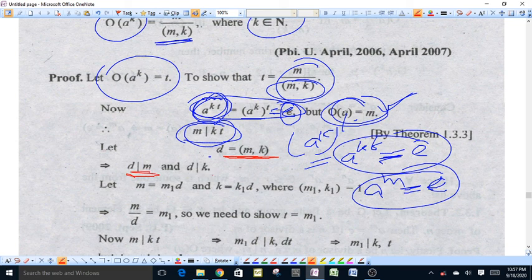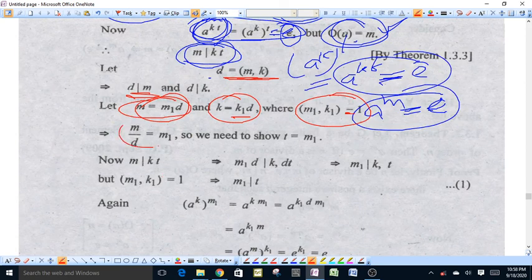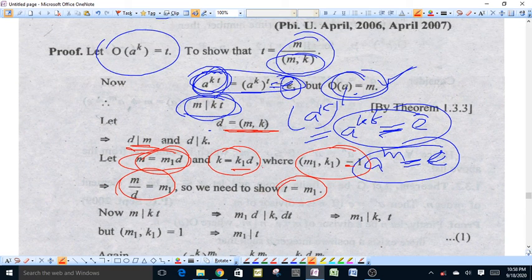Let us take m equal to m1d, because d divides m, there exists an integer m1 such that m is equal to m1d, and also d divides k, so there exists k1 such that k is equal to k1d, where m1 and k1 are co-prime, that is their GCD is equal to 1. m1 will be equal to m upon d. Here we have to show t is equal to m1.